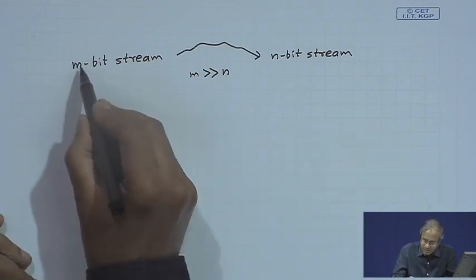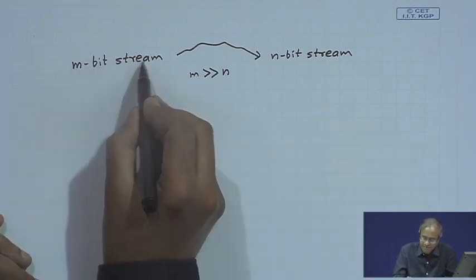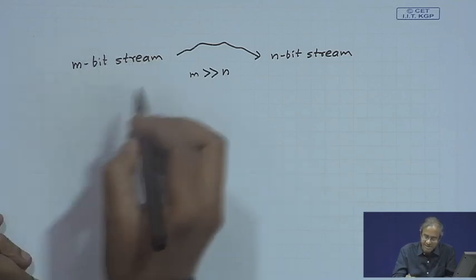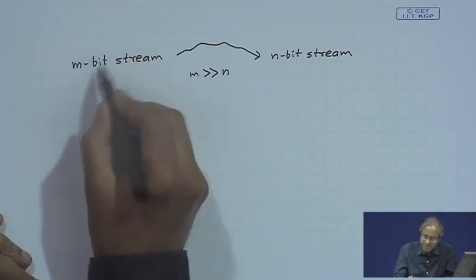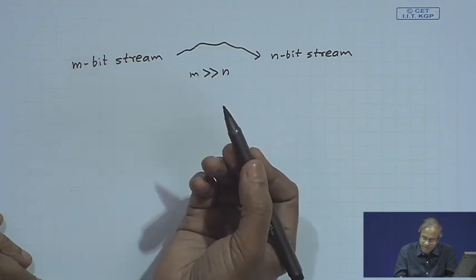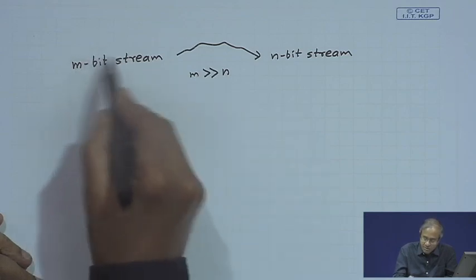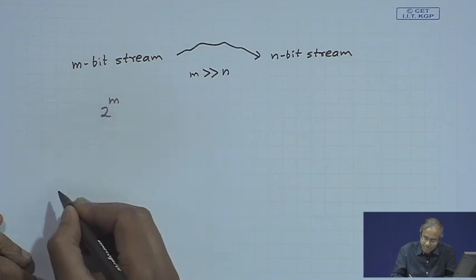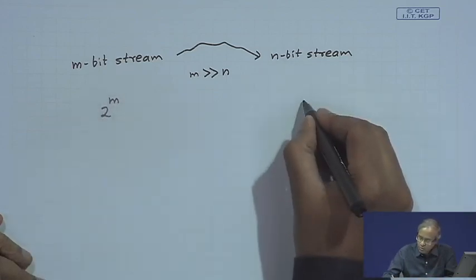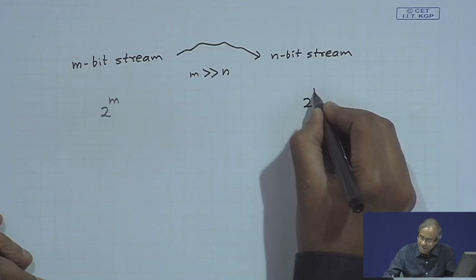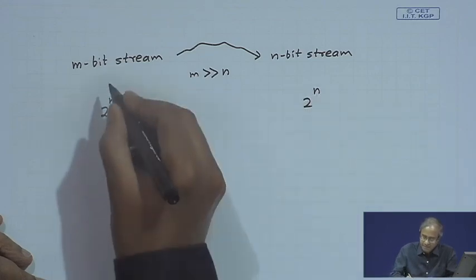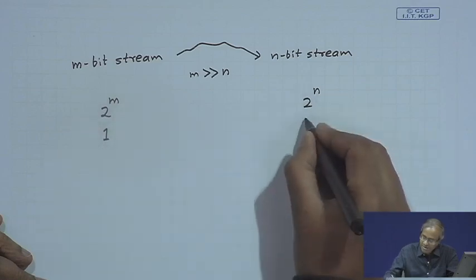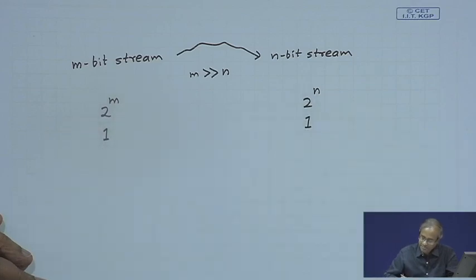Now, because of some error or fault in the circuit, this m bit stream will become something different. So, what are the possible m bit streams? There are 2 to the power m possible m bit streams. Similarly, there are 2 to the power n possible n bit streams, and out of them 1 is the good stream. Similarly, here 1 is the good signature.